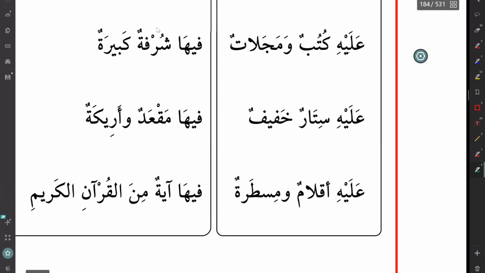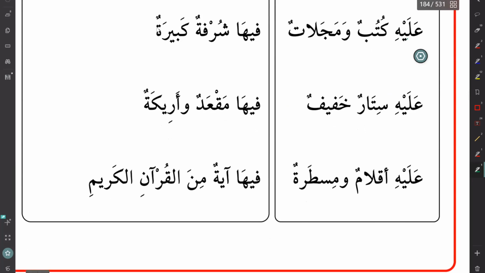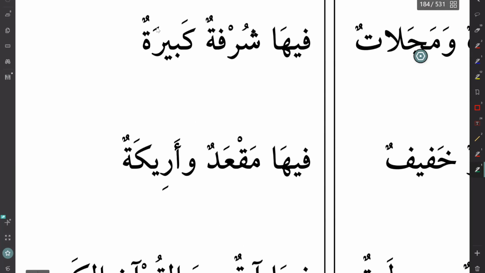I think it's not that difficult. And I'll just do one more from here. It says fiha maq'adun wa arikatun. Fiha, in it. For example, maybe the context is a room. In it, because room is ghurfa. Okay, so you have to use ha because of feminine, right? So in it, fiha maq'adun, a seat, wa arikatun, and a sofa.